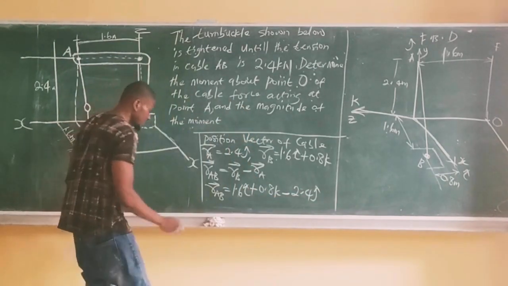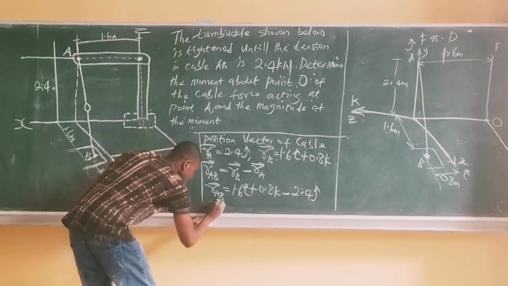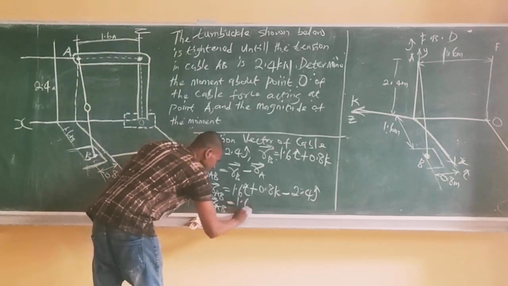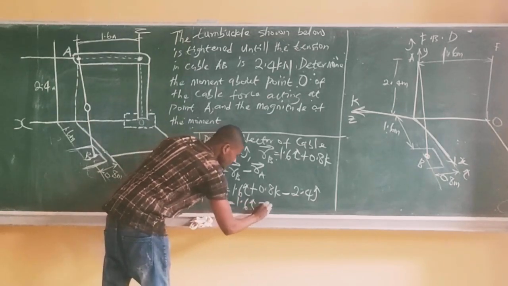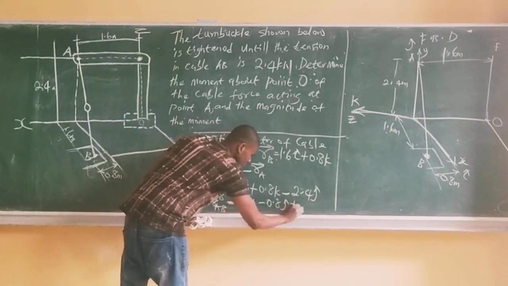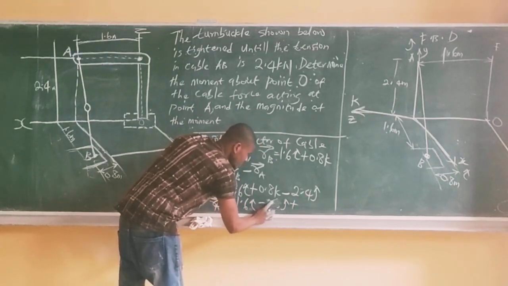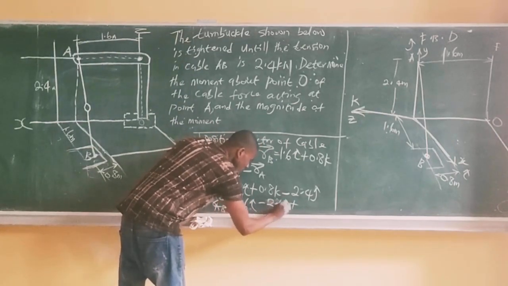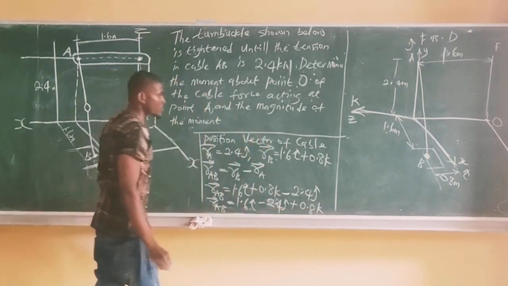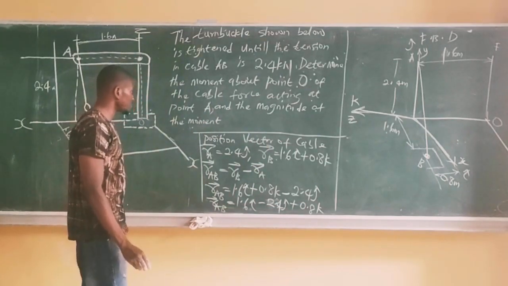You may wish to rewrite this equation in terms of i, j, and k. So the position vector of cable AB is simply 1.6i minus 2.4j plus 0.8k.